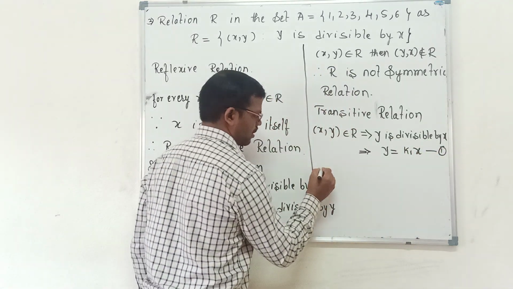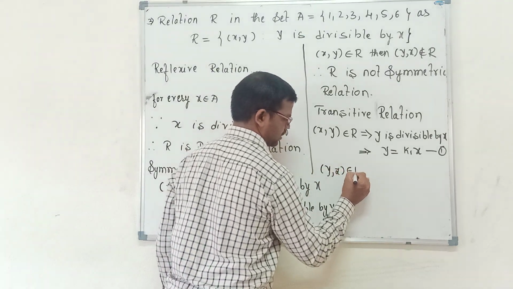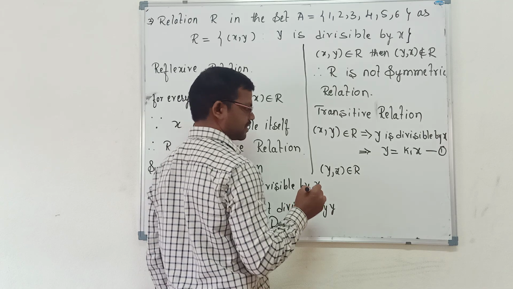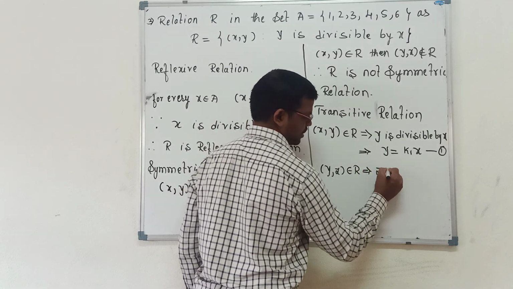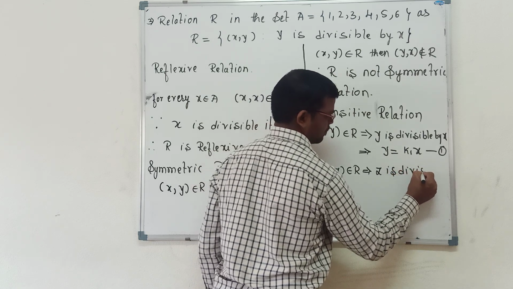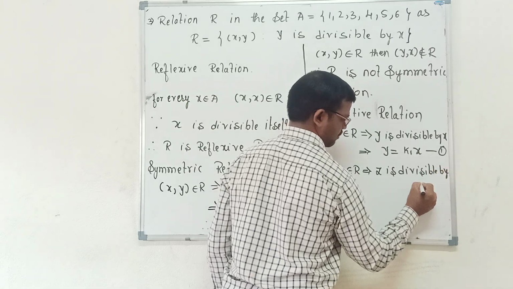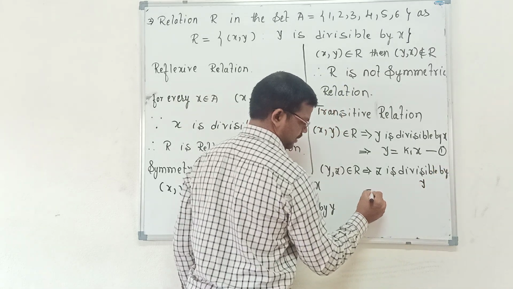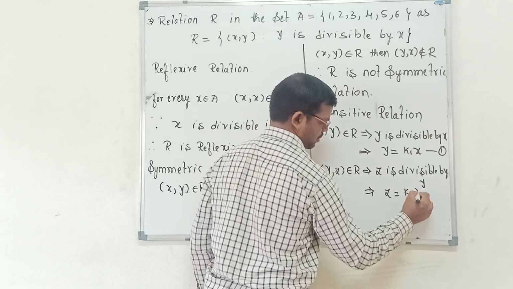Next, (y, z) is also there in R. If (y, z) is there, it implies z is divisible by y. So z can be expressed as k2 times y.